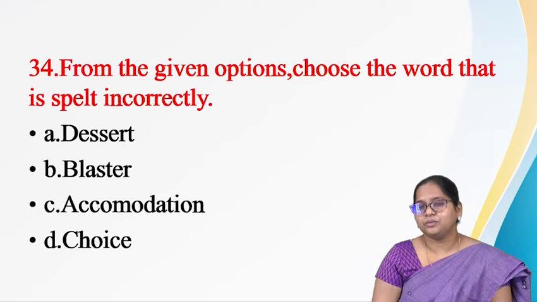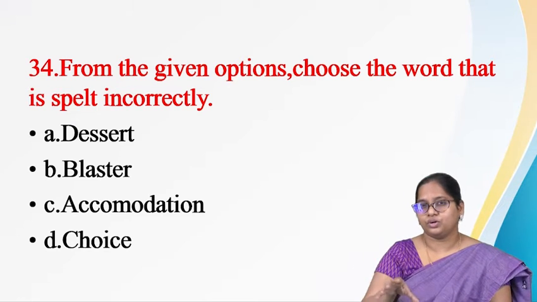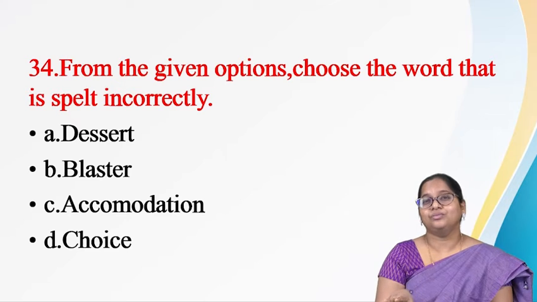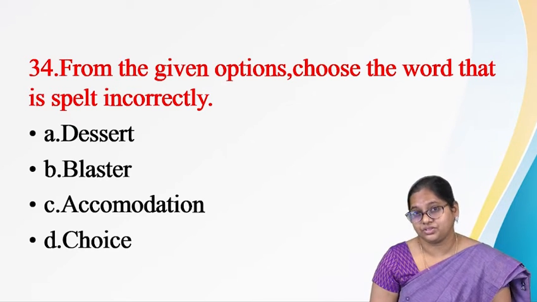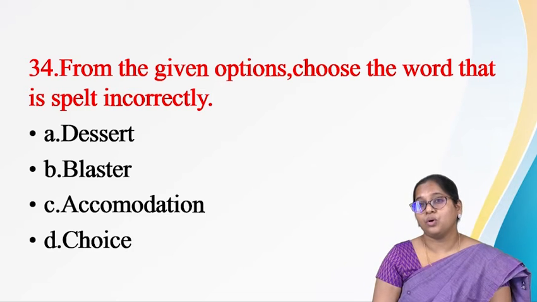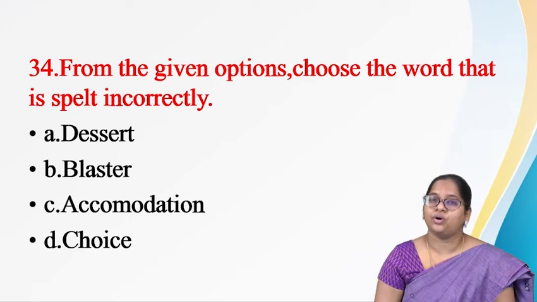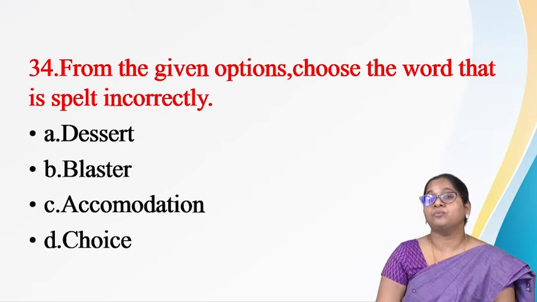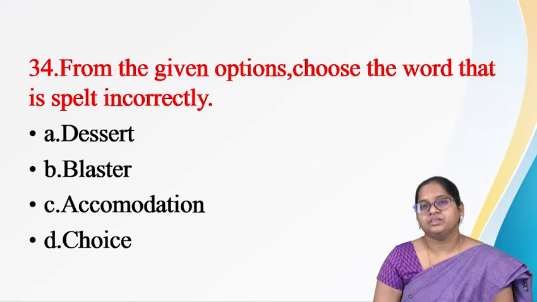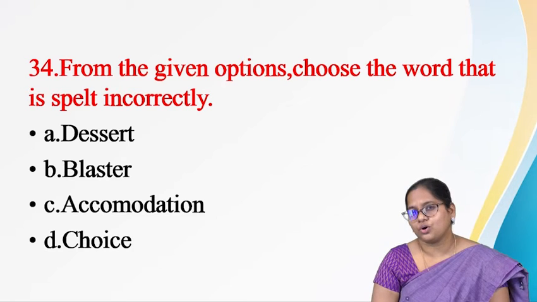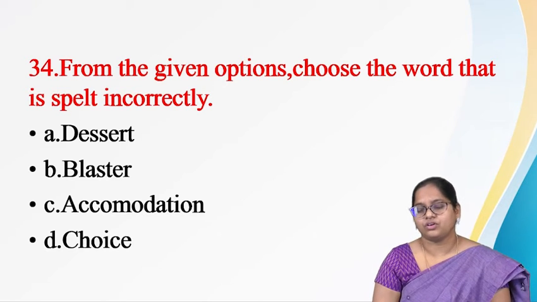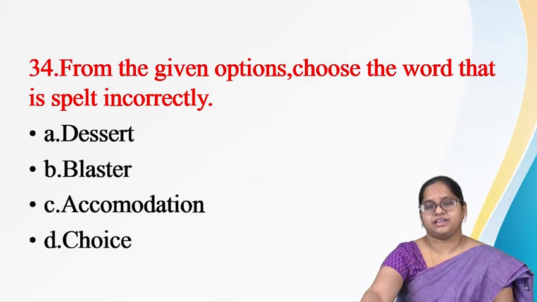So the paper setters also focus on spellings of words that have double letters. We have to be mindful of accommodation. ACCOMODATION, right? You have to say MMO, it's not singular. That is the thing. Next, choice. There's nothing wrong. So option C is the right answer.